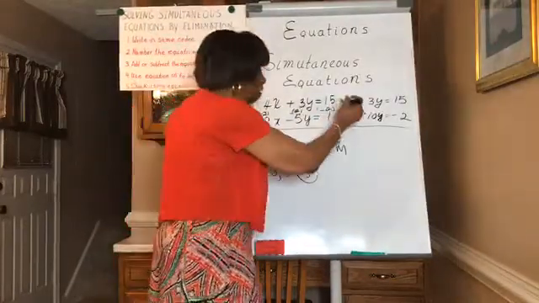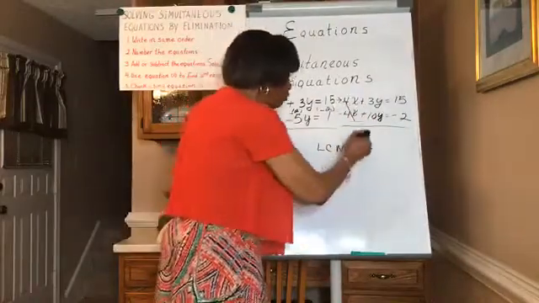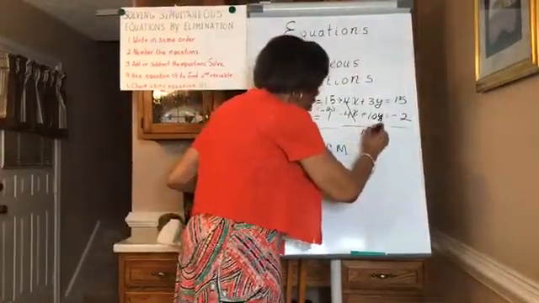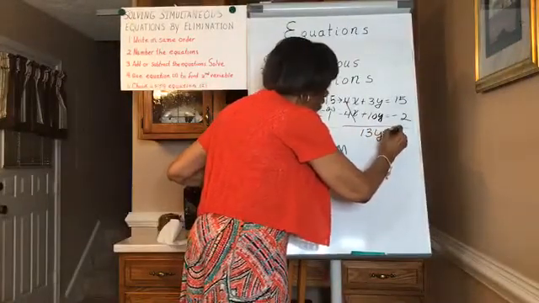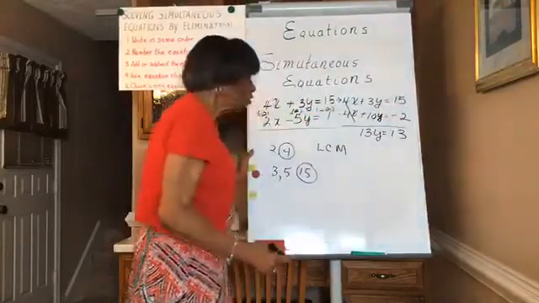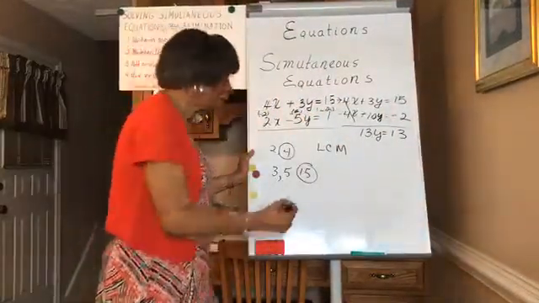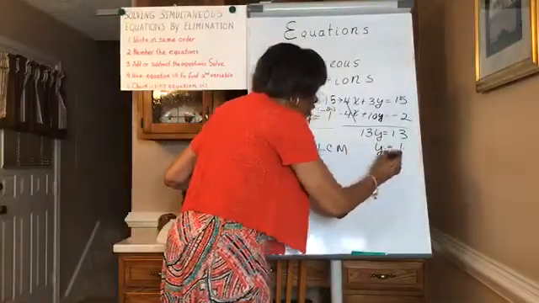All right, so the x's are opposite. So we have 13y equals 13. 15 minus 2 is 13. So what's the value for y? y equals 1.